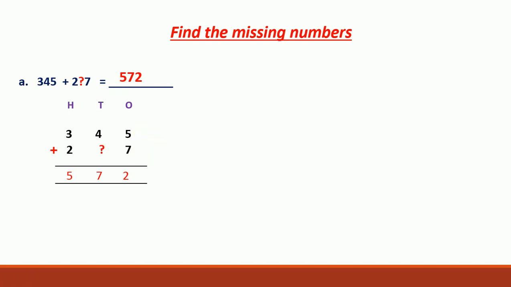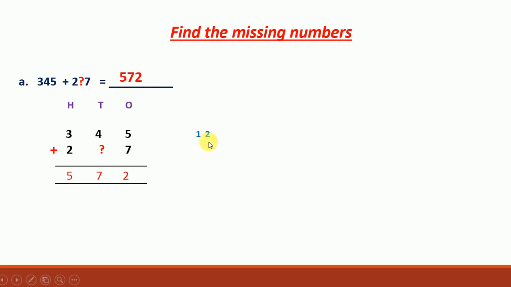Add these two numbers. 7, keep in your mind, as 7 is the bigger number. Take 5 on your finger. 7, after that 8, 9, 10, 11, 12. So we are getting 12 ones, isn't it? So 12 is greater than 9. It is a 2-digit number.